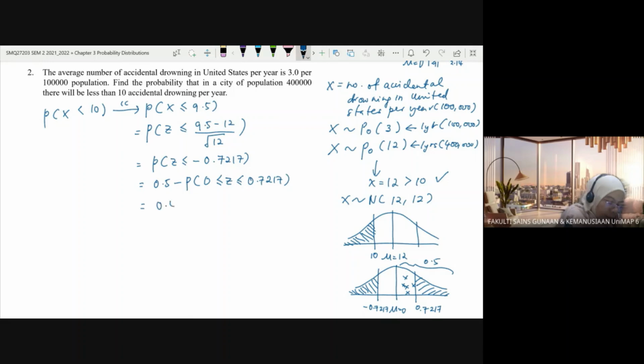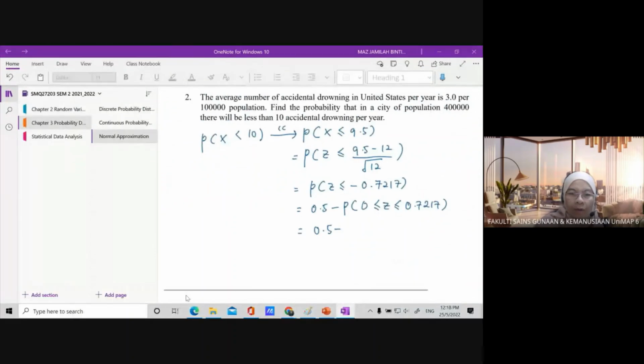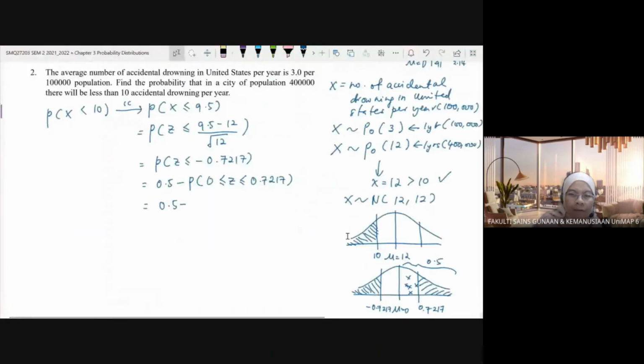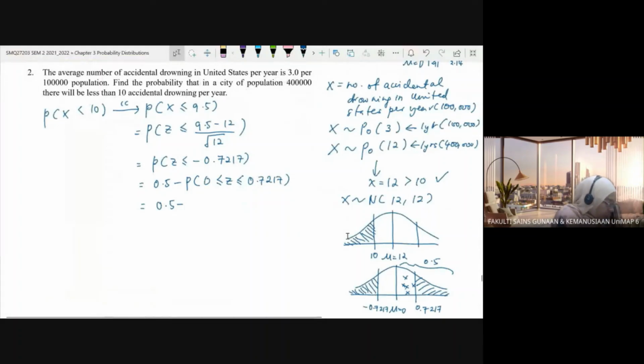So this will be 0.5 minus, from 0 until 0.7217. So if you refer to your standard normal table, 0.72, you will get 0.2642 for the probability value of the shaded area just now. So it will be 0.5 minus 0.2642, and you will get 0.2358.